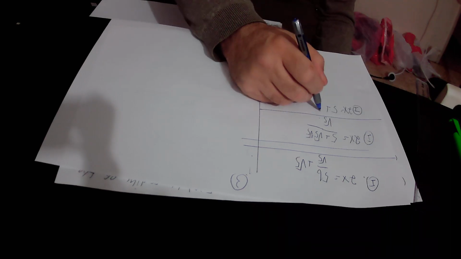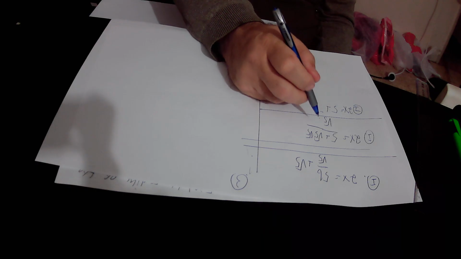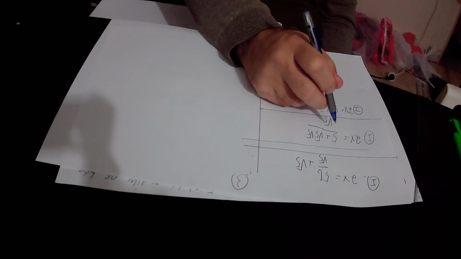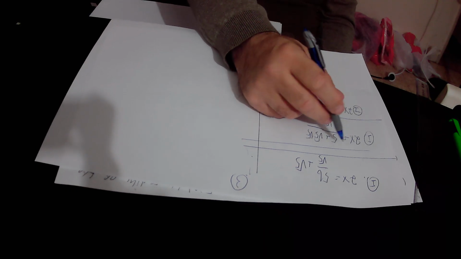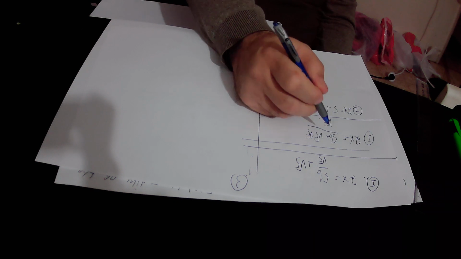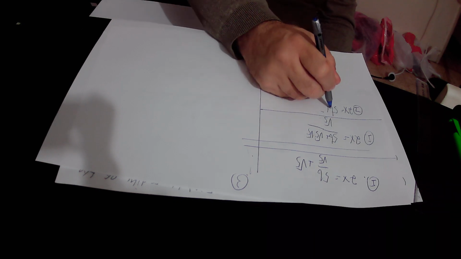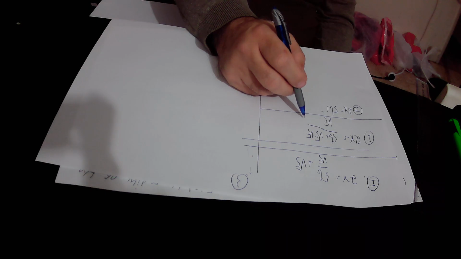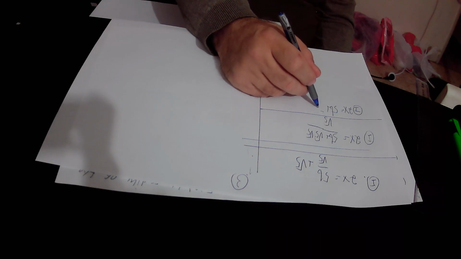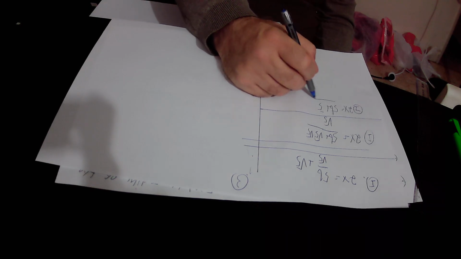square root of 5 times square root of 5 is 5, all divided by square root of 5.